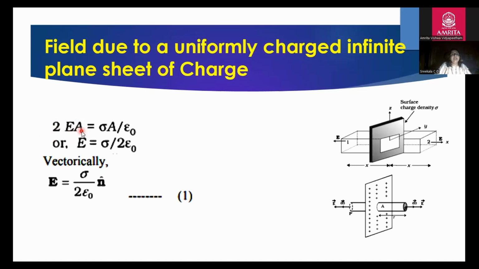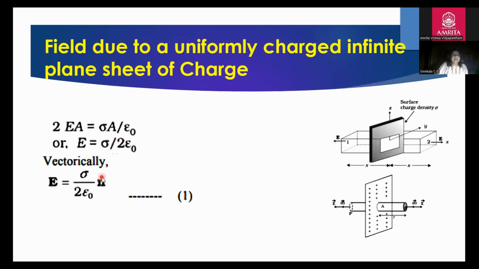So E dot dA plus E dot dA, so 2E into A, because angle theta is 0. So 2EA is equal to the charge, which will be sigma into A, because sigma is the surface charge density and A is the area, divided by epsilon 0. So E is equal to sigma by 2 epsilon 0.